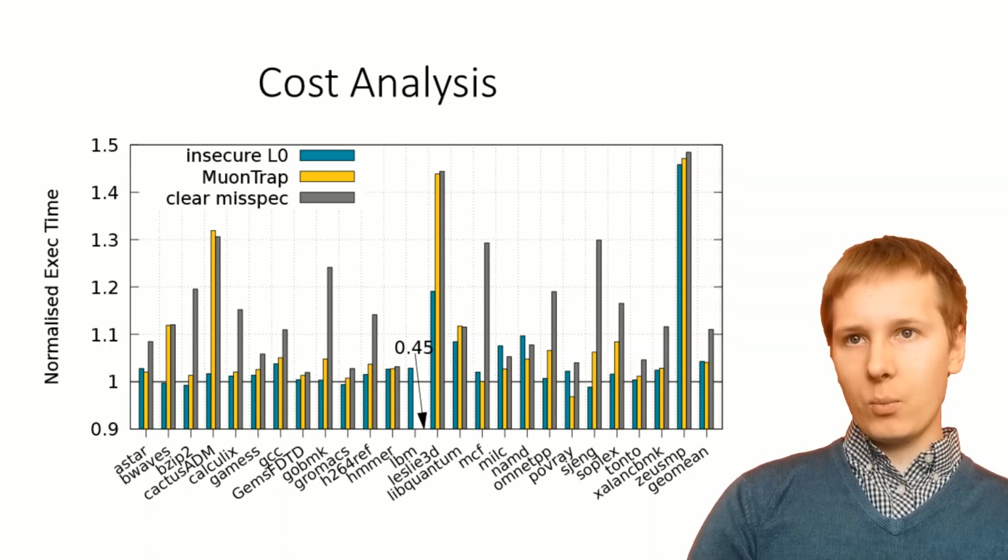If we look at MuonTrap with clear on misspeculation enabled, we see that the overheads do raise further to 11% on average. This is because the Spec applications do make use of misspeculated data in the L1 cache, and so techniques that prevent any observation of misspeculated accesses will fundamentally miss out on performance.